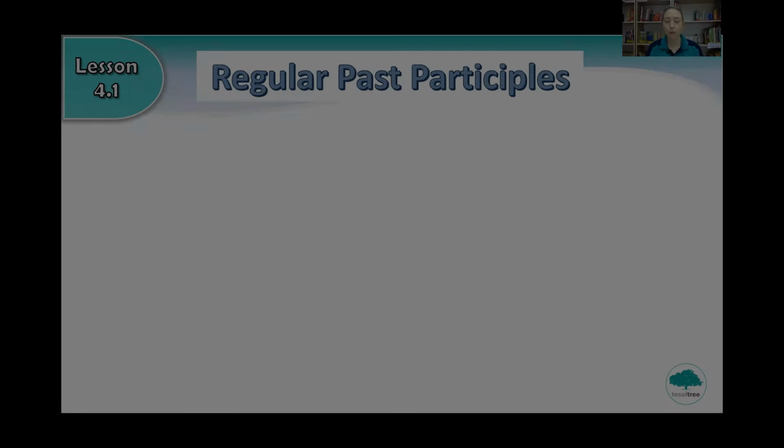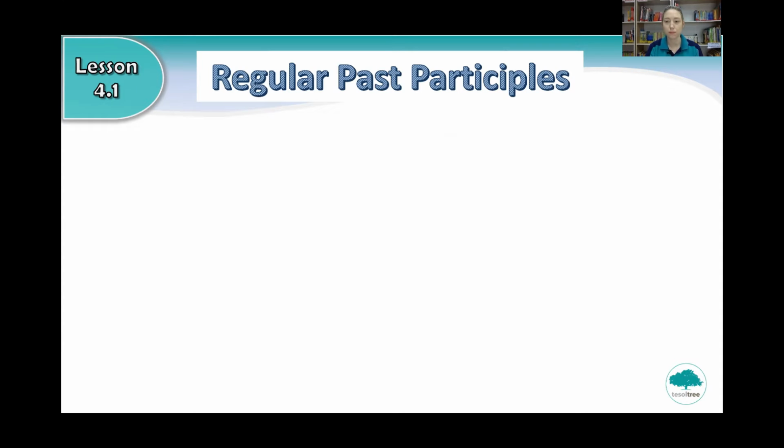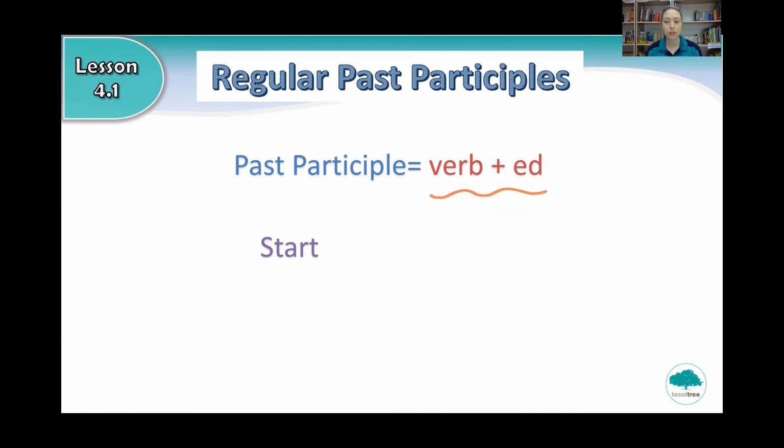Okay, so regular past participles. So to make the past participle, we have the verb and we add ed. What's the past participle of start? What do we add? Ed. Very good. Started. Say started. Very good. What about use?